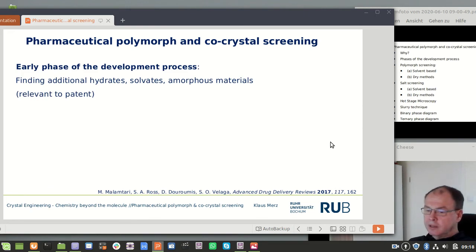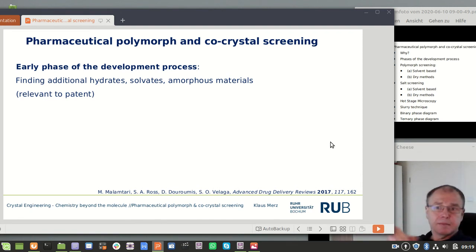We can distinguish between two phases in the development process. In the early phase, we are looking for, how shall I say, not a poor form; we are looking for hydrates, solvates, and amorphous materials, which do not have the same properties as the crystalline product.